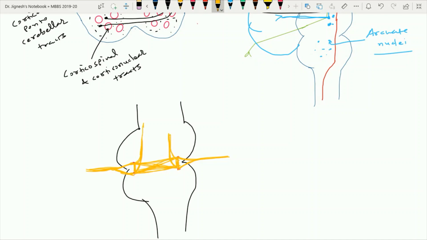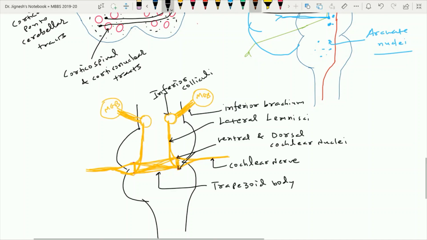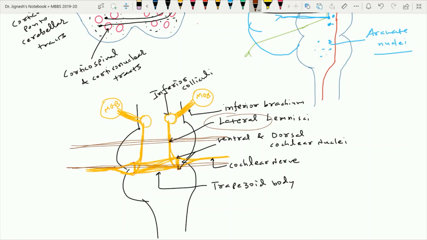The lateral lemnisci reach the inferior colliculi of the midbrain, where the inferior colliculus communicates with the medial geniculate body through the inferior brachium. So when we take a section at this lower level, we find the cochlear nuclei along with the trapezoid body, but at the mid-pontine level or above, we find the lateral lemnisci instead of the trapezoid body and the cochlear nuclei.